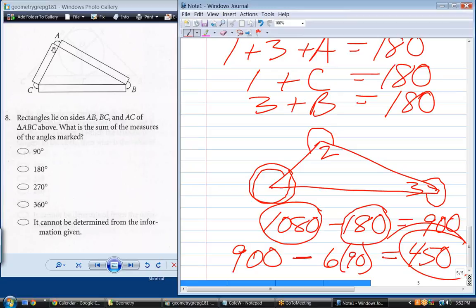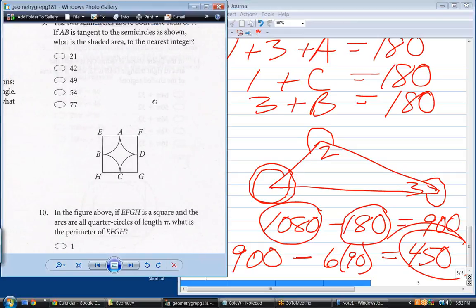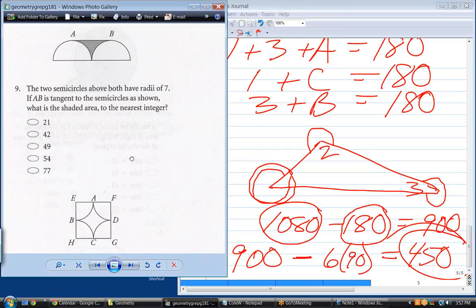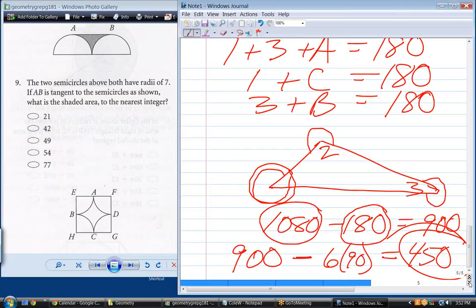Oh well. We won't dwell on it. I'll see if I can find the answer and see what their explanation is. That's a good problem. Wait a second. What? I did 900. So if you take 90 times 6, you'll get 540. It's not 450. I did my math wrong.